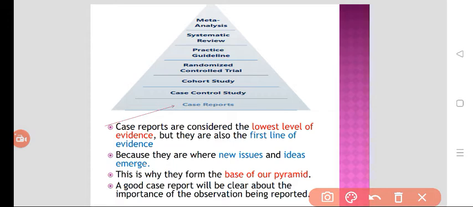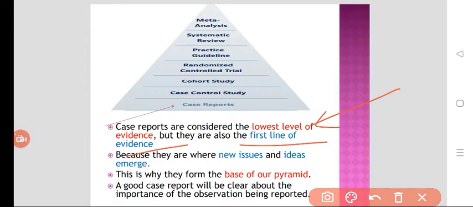It is not valid for a group of population, but it will tell something which is new, unique, extraordinary. And the important thing: though it is the lowest level of evidence, it's a first line of evidence that you don't have to forget.